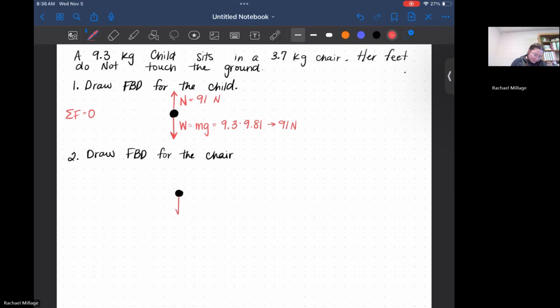we have some sort of weight going downwards. And there are 2 different ways that we can think about this. Both give us the same answer. The first way I'm going to think about it is that this is just the weight of the chair, which is equal to the chair's mass times gravity, which is 3.7 times 9.81, which is 36 newtons.